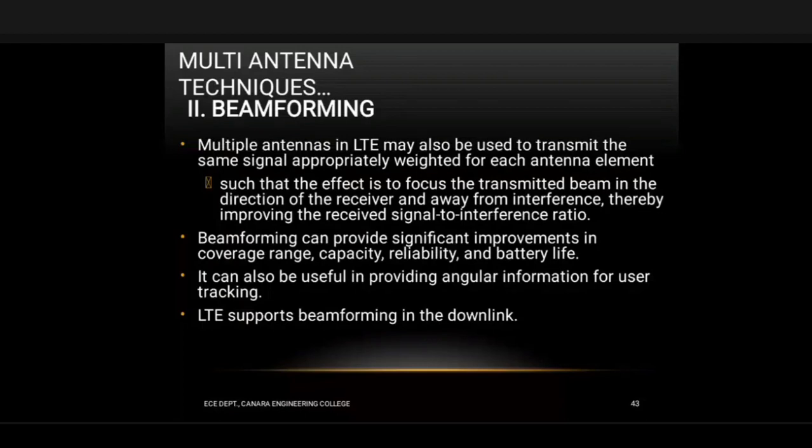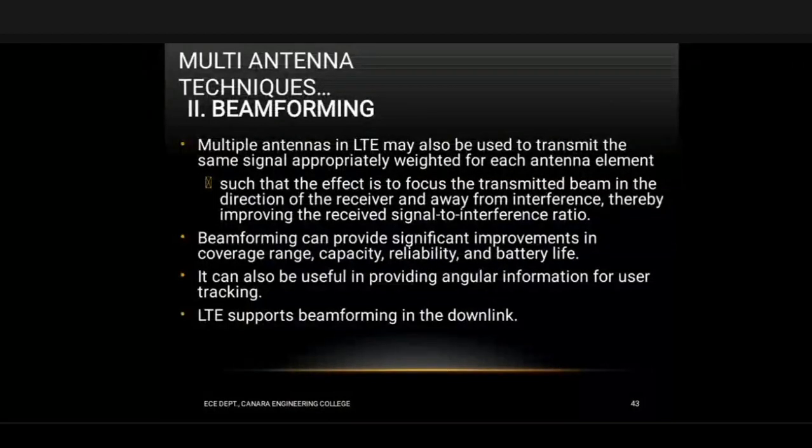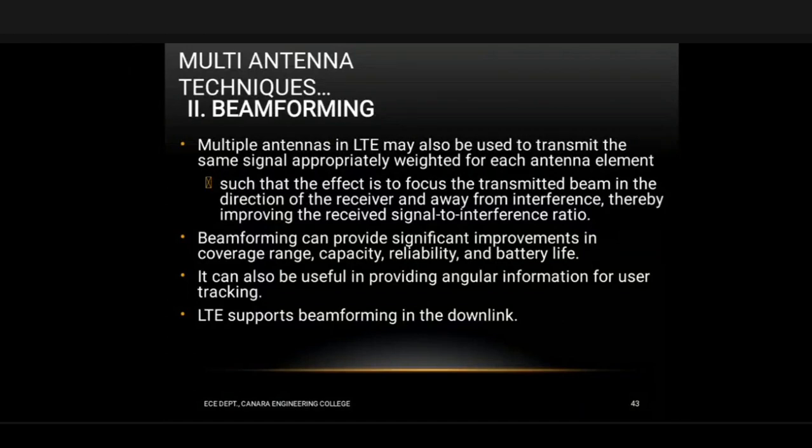You might be aware of the tower location because it is connecting you to some sectoral antennas. It can tell which direction you are in with respect to a particular mobile tower. That information you can track more efficiently with beamforming.